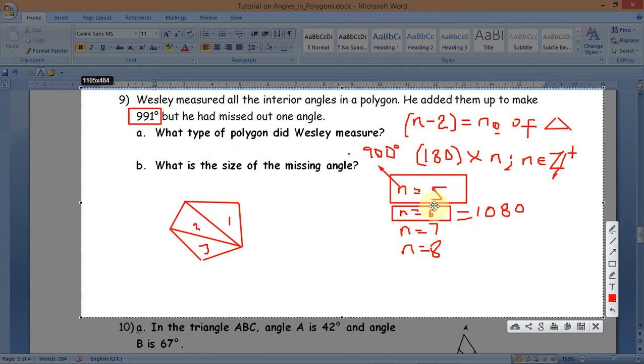So that is a hexagon. A 6-sided polygon, and the name of a 6-sided polygon is hexagon.